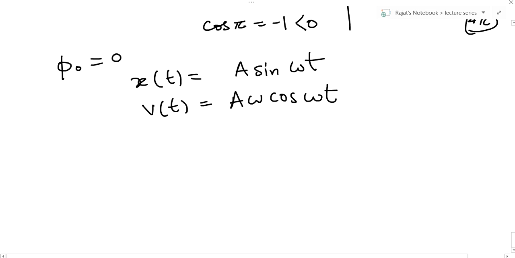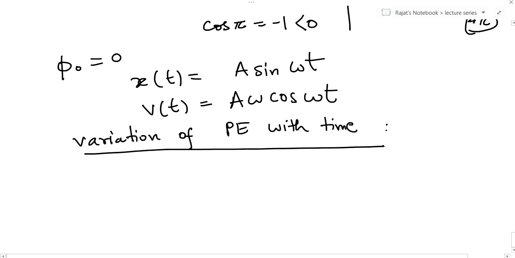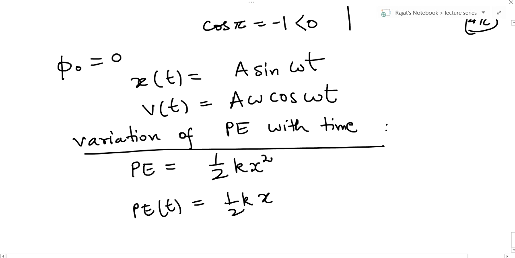If I ask you, how will you find the variation of potential energy with time? It's very simple. If you remember, potential energy in a spring block system is nothing but half k x square. So potential energy as a function of time t will be half k, which is constant, times the position as a function of time t, whole square.